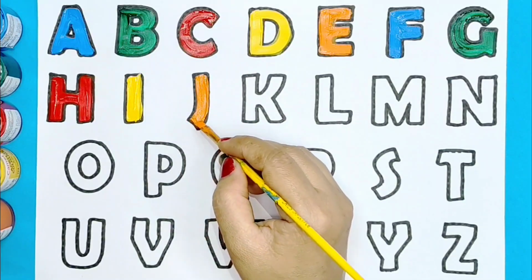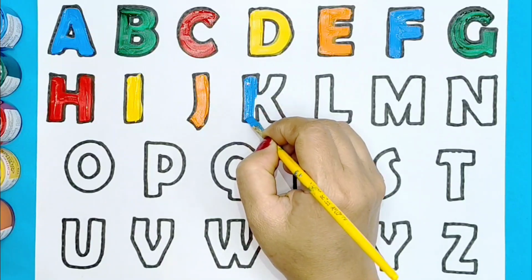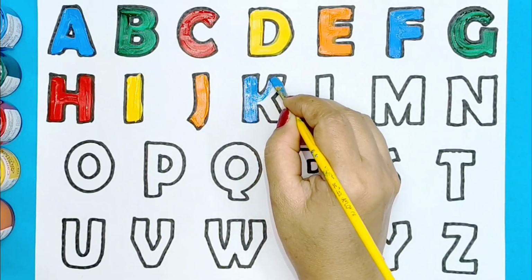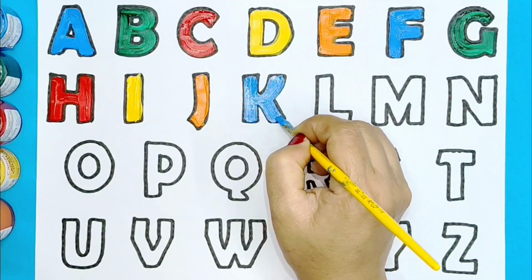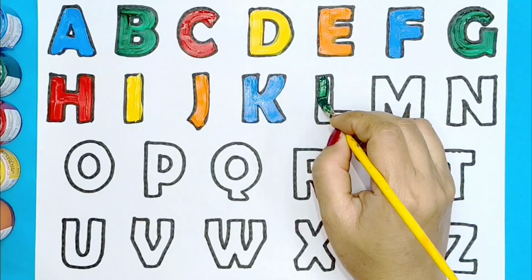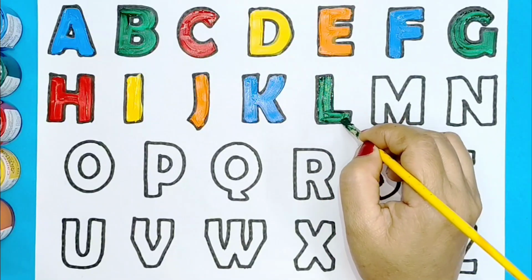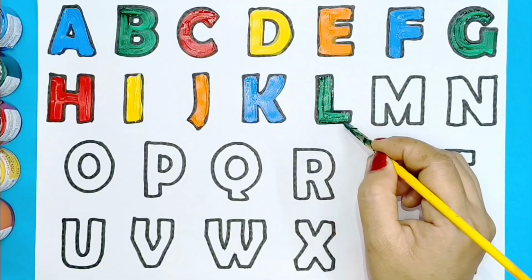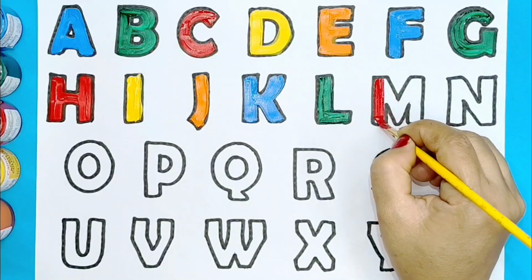J for joker. Sky blue color. K for kite. Dark green color. L for lion. Red color.